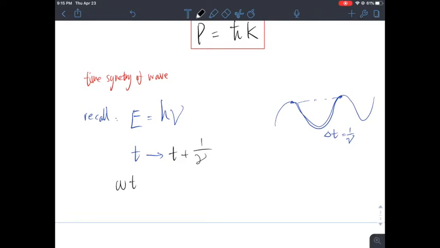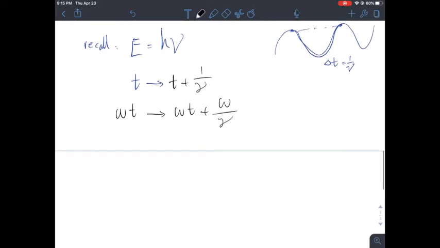Then we have our omega t. Omega t will be transferred to omega t plus omega divided by the frequency. Let's plug into our original equation, the original Schrödinger equation. Recall our wave equals e to the i times kx minus omega times t plus 1 over the frequency, which is our phase shift of time.